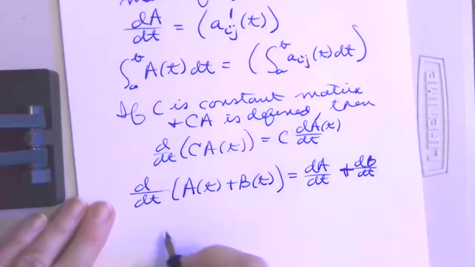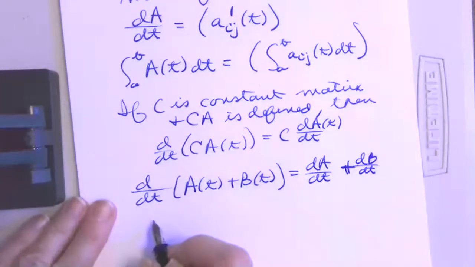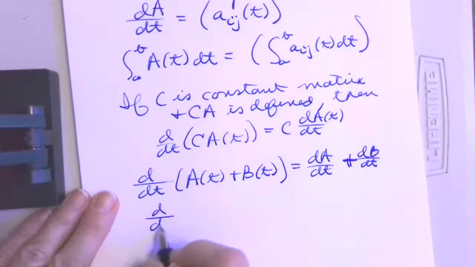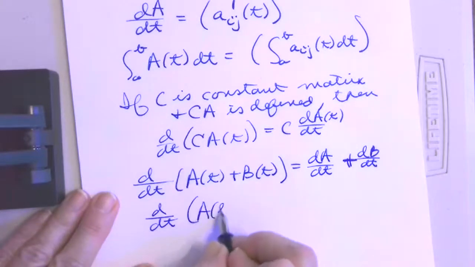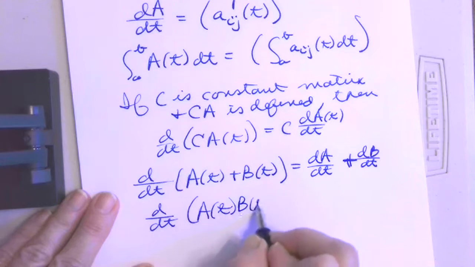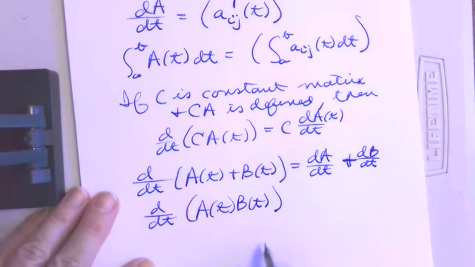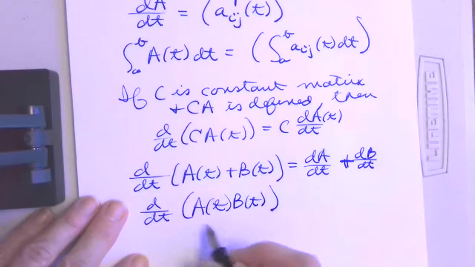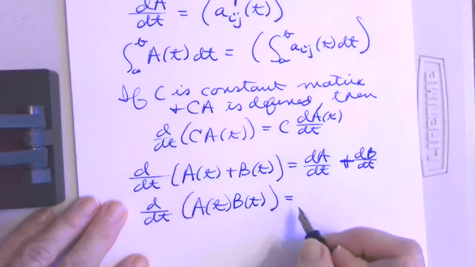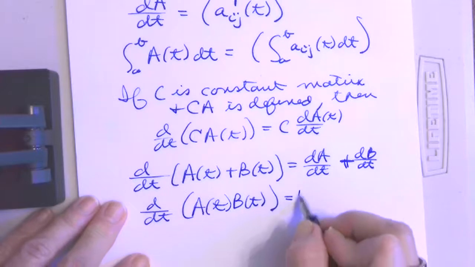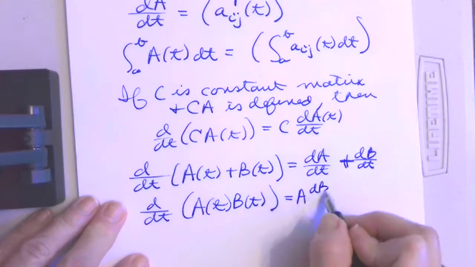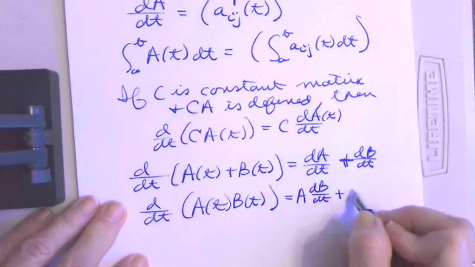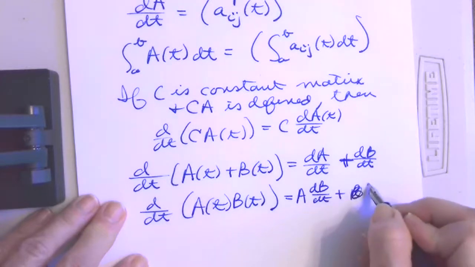And finally, if A and B are matrix functions of t, and the matrix multiplication is defined so that they're the right sizes, then you have a product rule. This is A dB/dt plus dA/dt B.